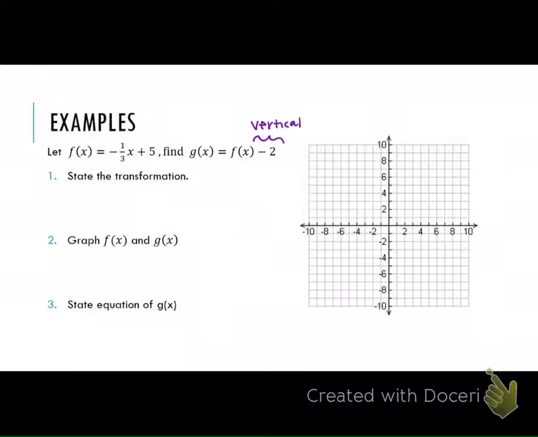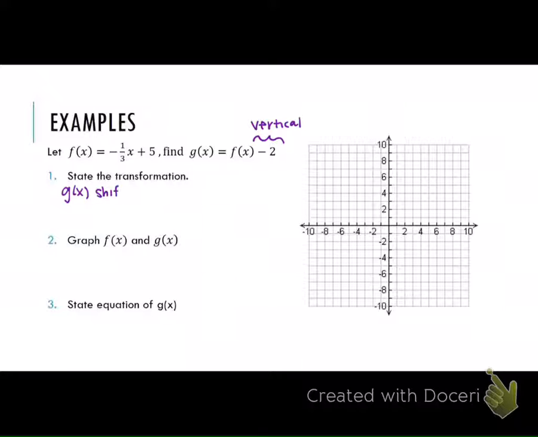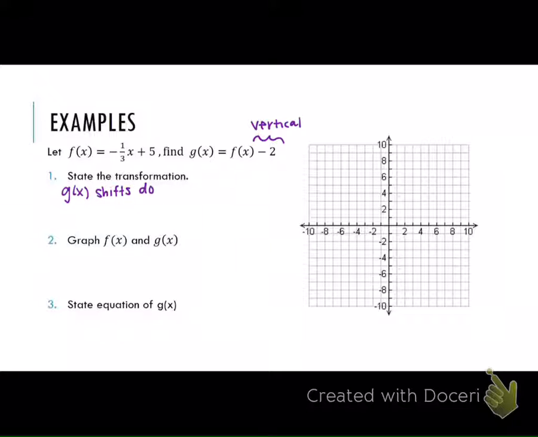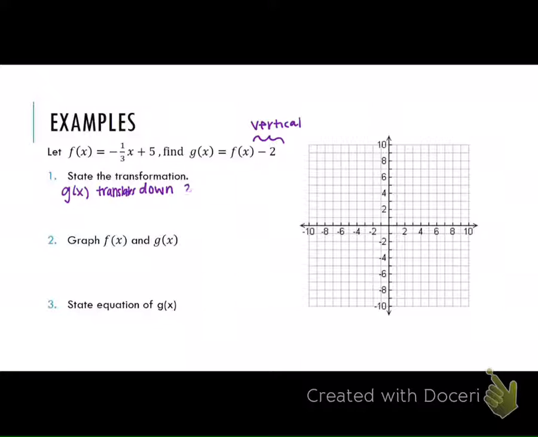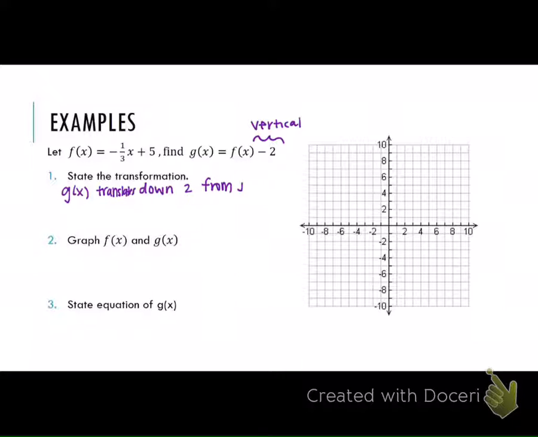It's not a horizontal shift. So g of x translates down 2 from f of x.